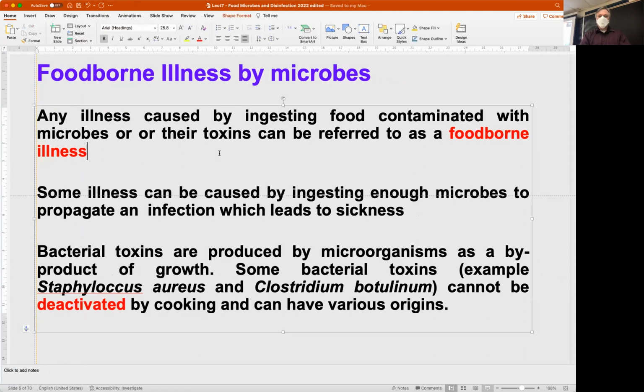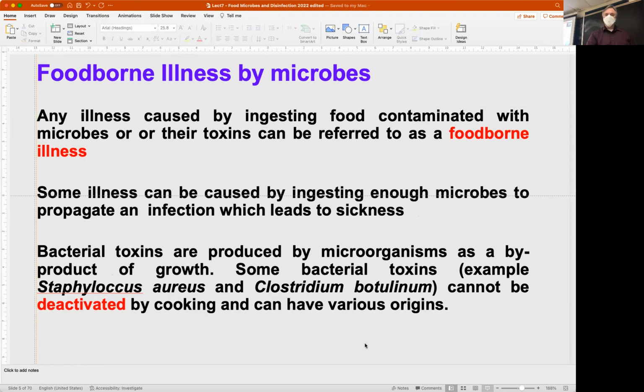Any illness that's caused by ingesting food contaminated by microbes or toxins is foodborne illness. So it's a very general kind of definition. And we consider 2 kinds of illnesses. If you take the bacteria, ingest it, there's an infection that leads to sickness, that's one kind.